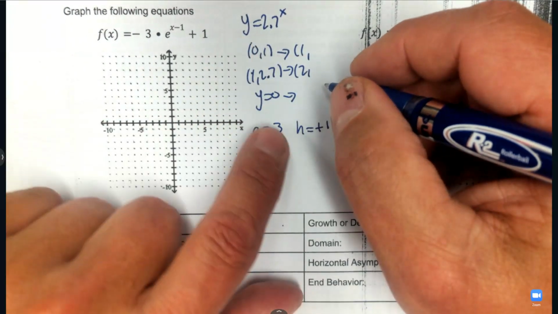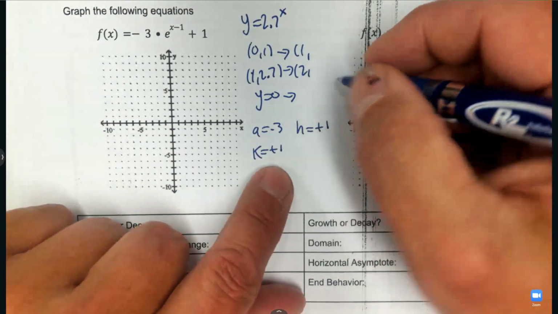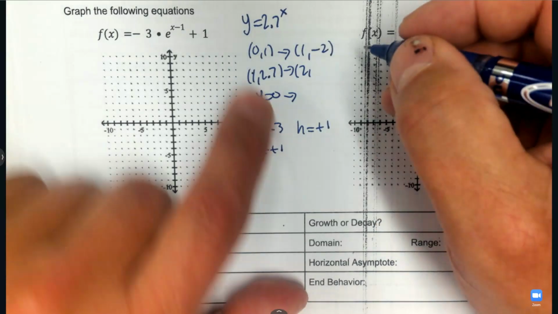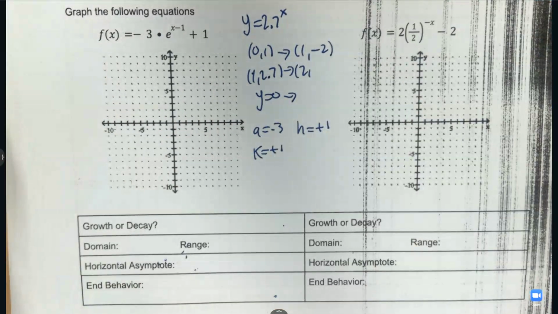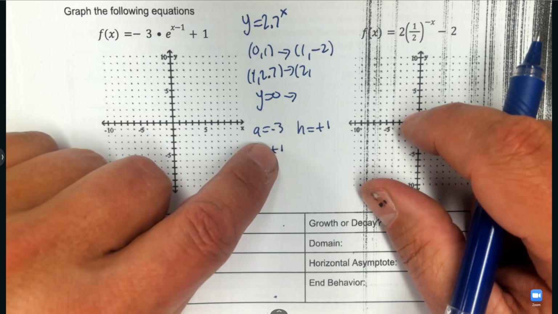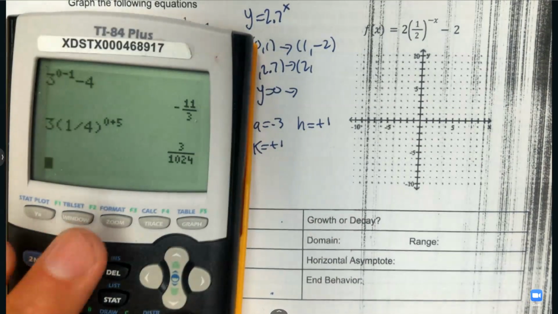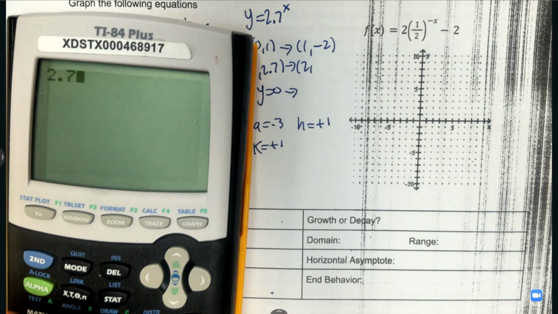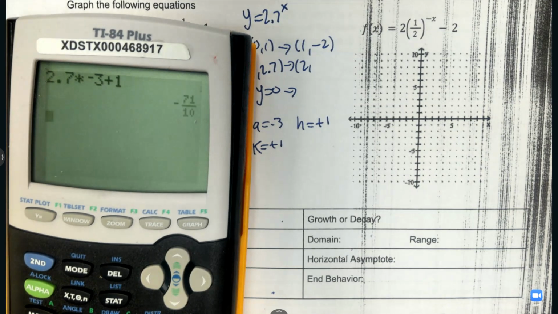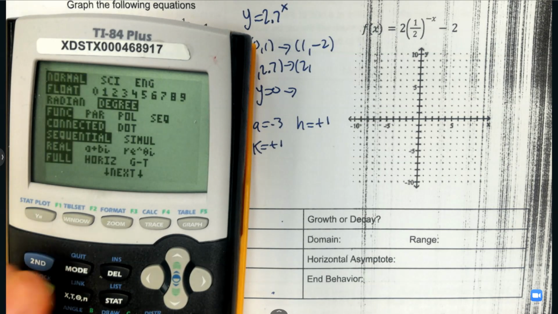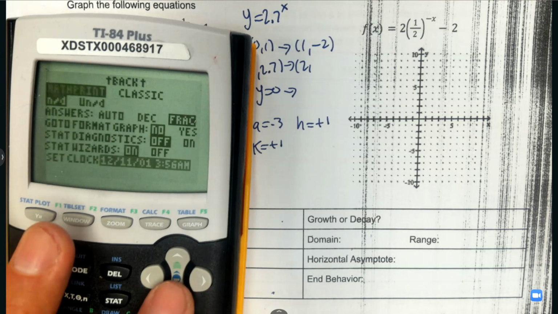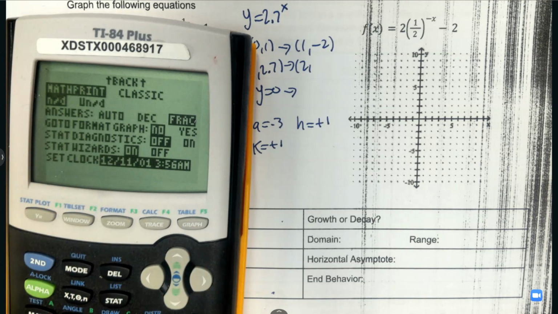So we're going to go 1 times negative 3. That's negative 3. Plus 1 is negative 2. It's a decimal. You could use a calculator if you wanted. 2.7 times negative 3. So you are going to use a calculator on this one. So you would go 2.7 times negative 3 and then add 1. Now, I get a fraction. If you have the calculator we have in class, if you want to change that, press mode and go down to the second screen and then change it to a decimal.